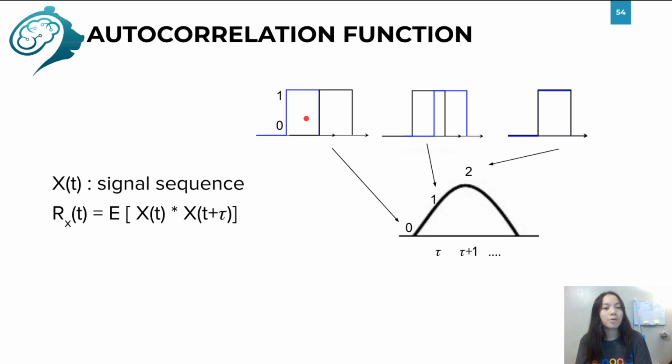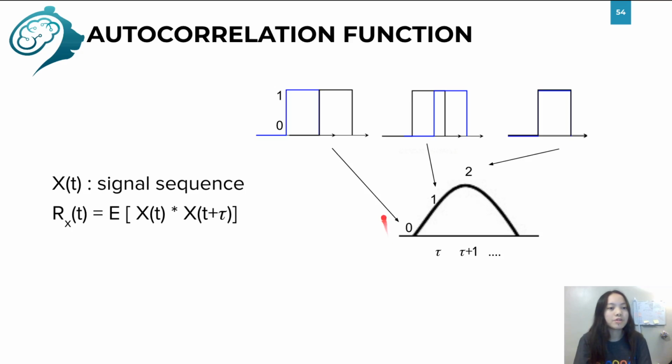If you want to compute the autocorrelation for this signal, it implies that x of t is going to be multiplied by itself, but let's say you move tau steps. So let's start with this one, and if you multiply the blue and black signals, which are the same signal but at a different time step, it would give you 0 at this time step because there's no similarity.